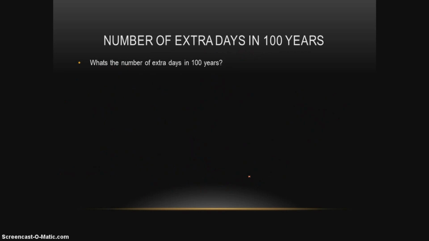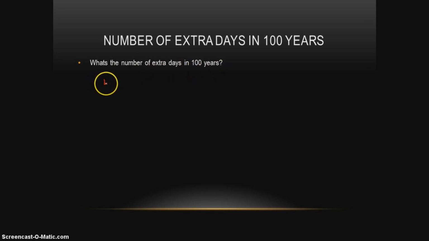Okay, so now let's do some problems on this extra days concept, and these problems are also part of your concept building. Let's see how. They are asking what's the number of extra days in 100 years.